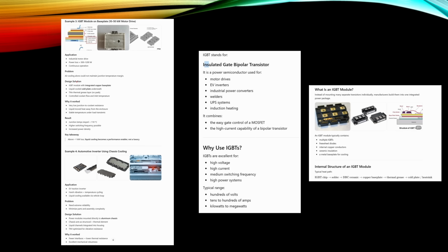A good design solution is that we use a copper base plate and a liquid cooled cold plate under that copper plate, and we need to use thermal grease to get good contact, and we need to, of course, control the coolant flow and its inlet temperature.